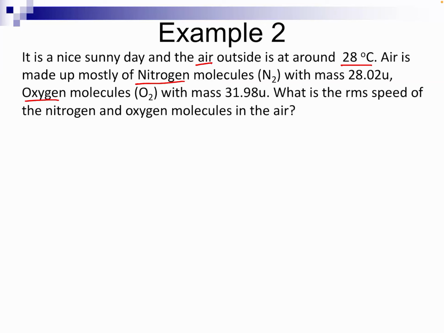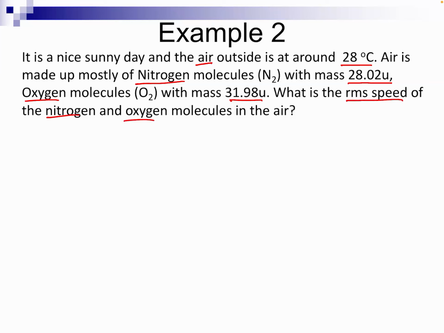Nitrogen has a mass of 28.02 U. Recall yesterday we learned about the atomic mass unit U, which is the non-SI unit for mass. Oxygen molecules collectively have a mass of 31.98 U. We want to find the RMS speeds of the nitrogen and oxygen molecules in the air.